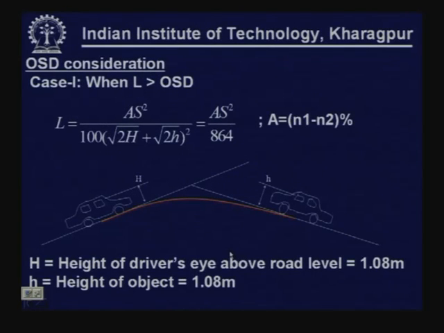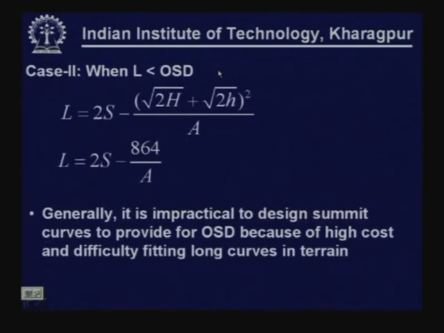Now, coming to OSD consideration, again the basic formulation is the same, only in this case the height of both capital H and small h should be taken as 1.08. So, appropriately one can get the required length. For L less than OSD, again the same basic equation, only capital H and small h are the same here.